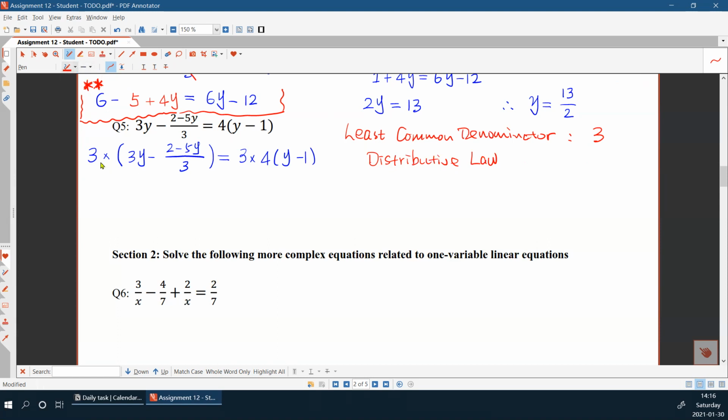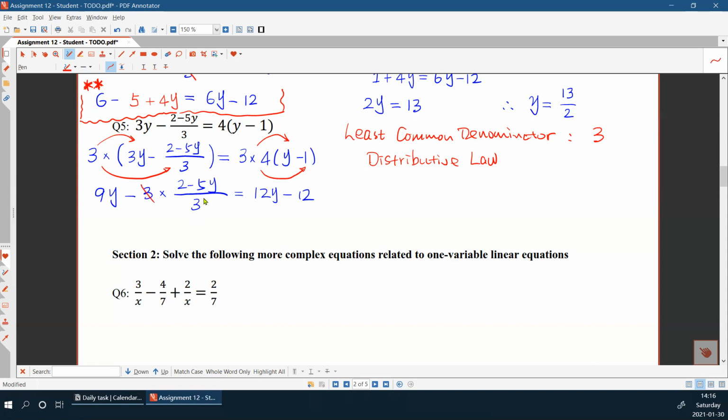Okay, this means you need to assign 3 to both of the terms on the left hand side and assign 3 by 4 to both of the terms on the right hand side. Okay, then you have 9y minus 3 times the second term equals 12y minus 12.